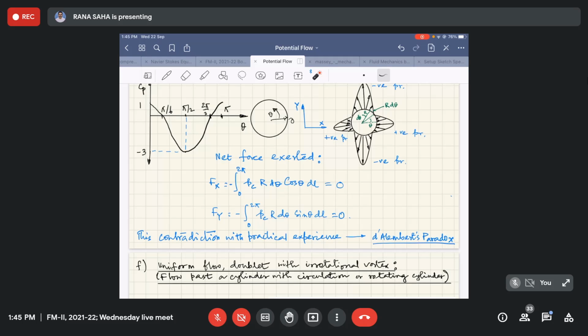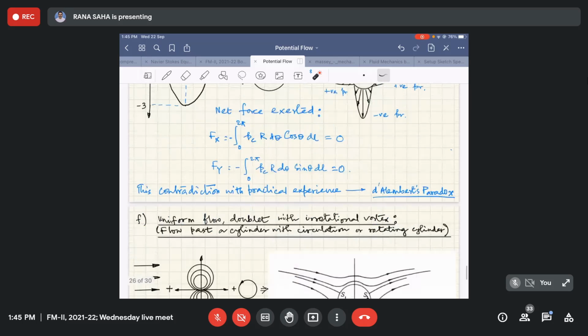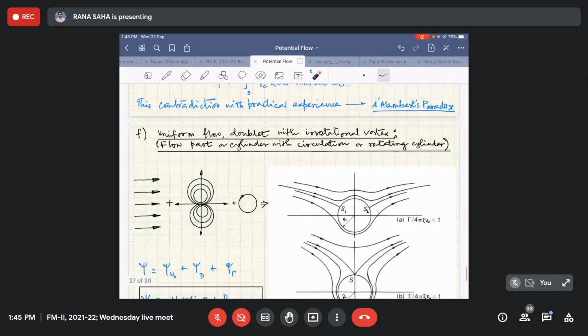For the time being, it is our observation from the mathematical treatment that the resultant thrust is zero for a body subjected to a uniform flow, which is far away from the practical experience, and that is denoted as D'Alembert's paradox because it is attributed to D'Alembert, the person who first noted that by this treatment.